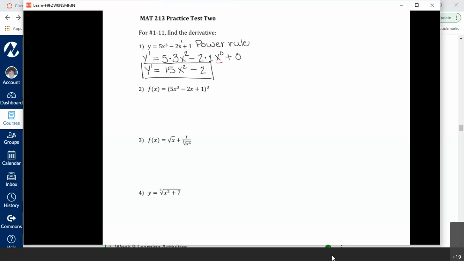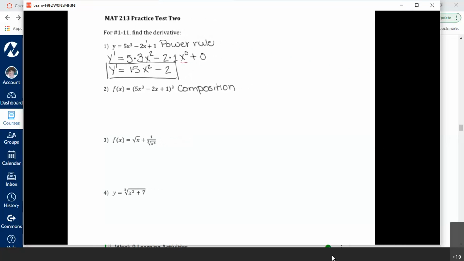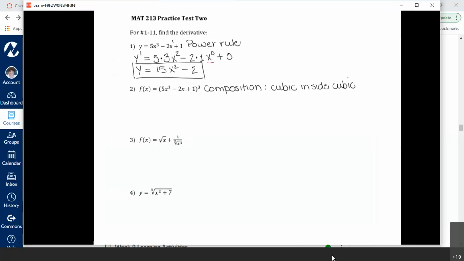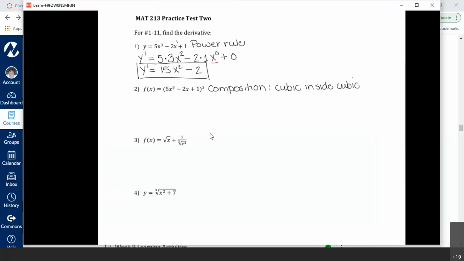Now if I look at function number 2, what you should see is a composition, and it's a composition of a cubic inside a cubic. The outer function is this thing cubed, so you can think of it as like u cubed.